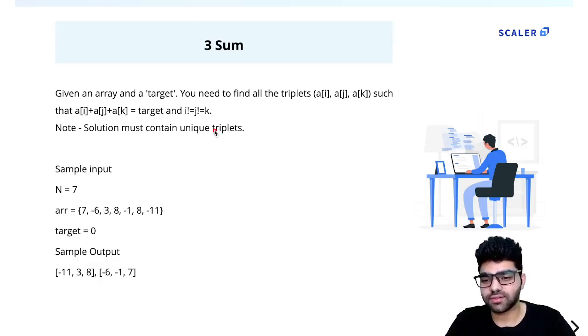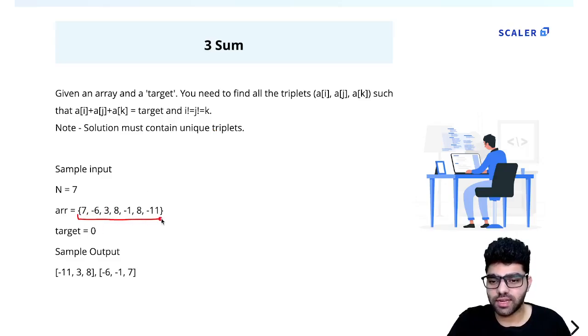Let's try to understand this through an example. If we have these array elements and my target is 0, I can select 3, 8 and minus 11. The sum of all these elements is equal to 0. Can I select 3 and this 8 and 11?